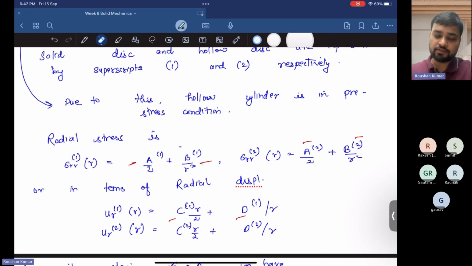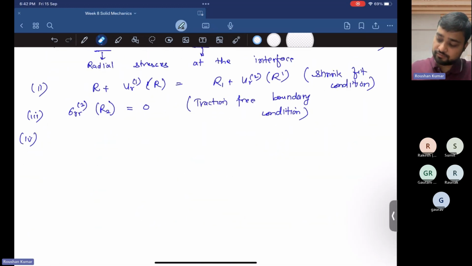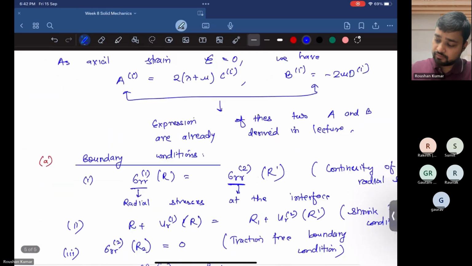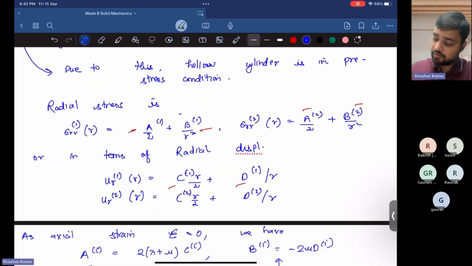But only a finite stress value can be present at the center of the disk. So we can say that sigma r at 1, at r equal to 0, is 0, and that is why UR at r equal to 0 is actually 0.